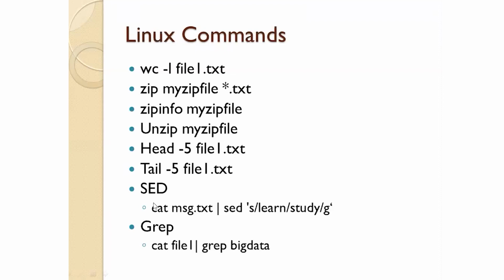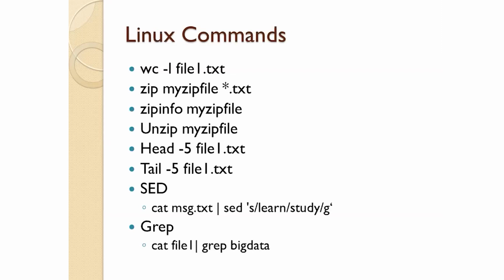One more useful command is sed, which is used for substituting a word in a file. Generally, if we use cat and the file name, that would display all the contents of the file.